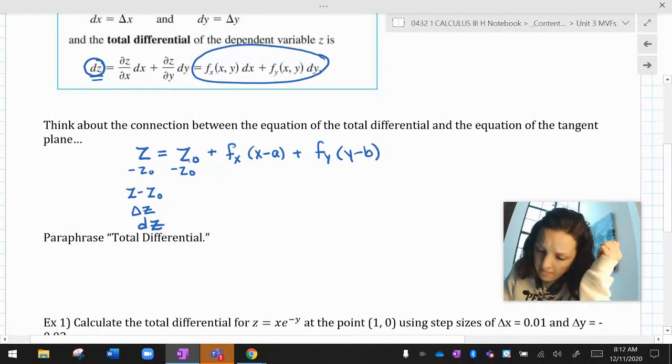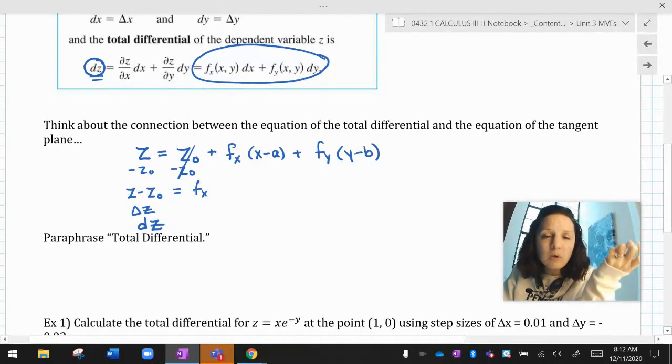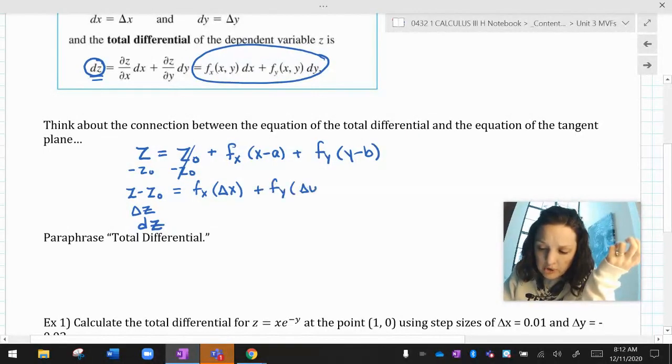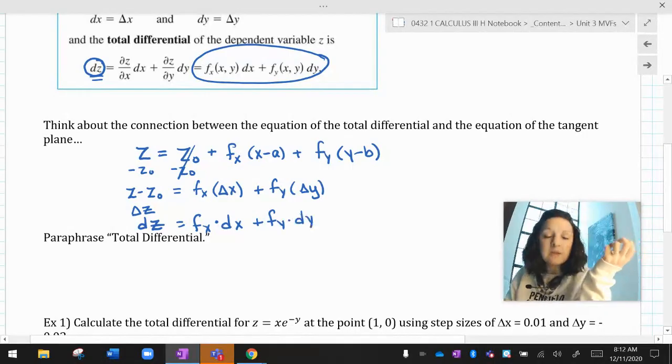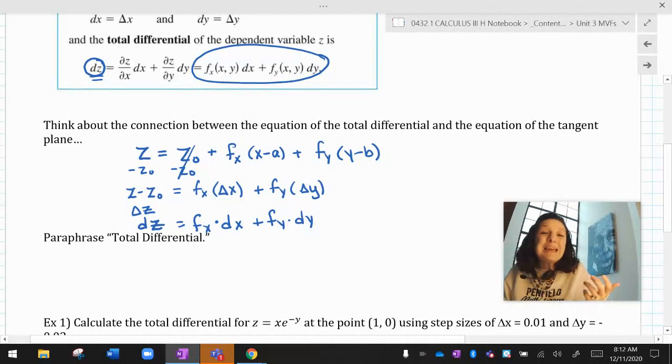Then over here I have f sub x times x minus a. Well, x minus something is a change in x, and y minus something is a change in y. So this is really f sub x times dx plus f sub y times dy. Your tangent plane is really a formula for the total differential.